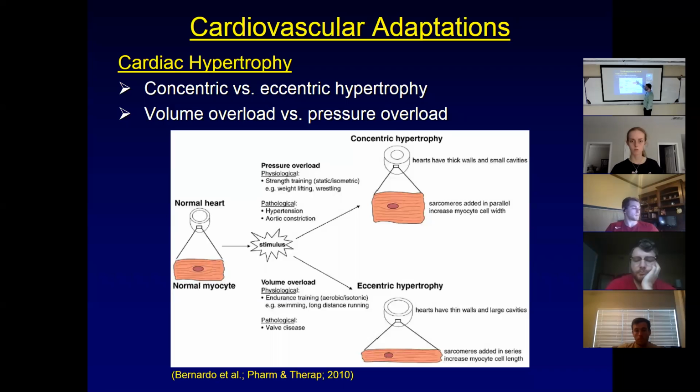So we're going to start off here where we have a normal cardiac muscle cell. The pathological kind of hypertrophy is this concentric hypertrophy, or what we would call pressure overload hypertrophy. Imagine that you have a person that has high blood pressure. They have very high aortic pressures, and so the left ventricle must contract very forcefully in order to raise the pressure inside the ventricle so that it overcomes the aortic pressure.